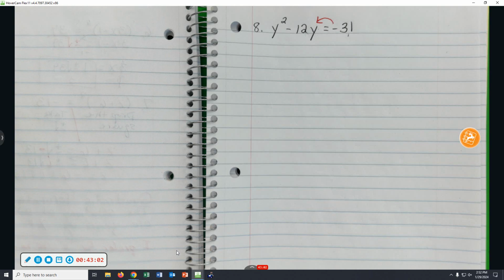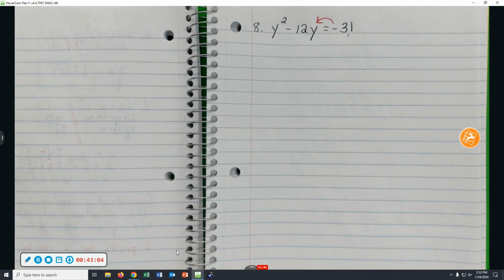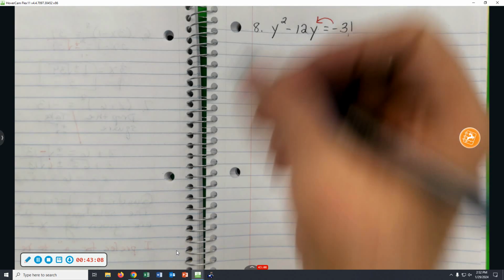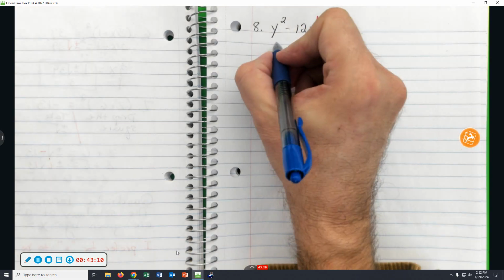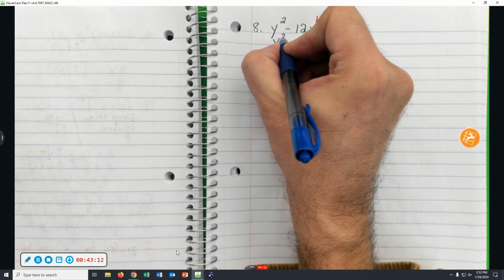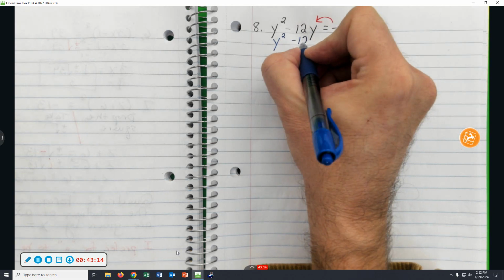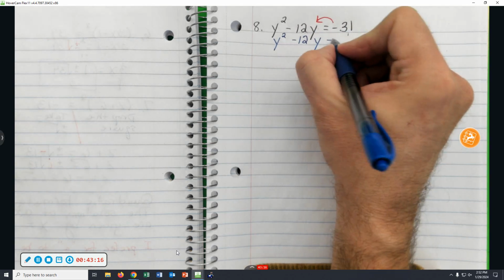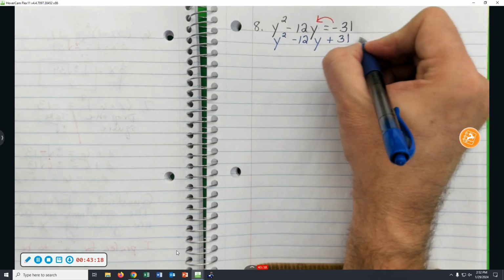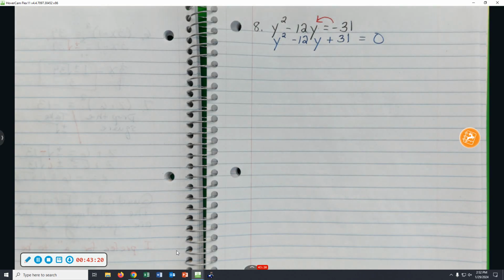Usually the 0 is on the right, but if it isn't, there's no reason why it can't be on the left. And we'll probably see that before this is over today. Before this ordeal that you call class is over. So y squared minus 12y plus 31 equals 0.